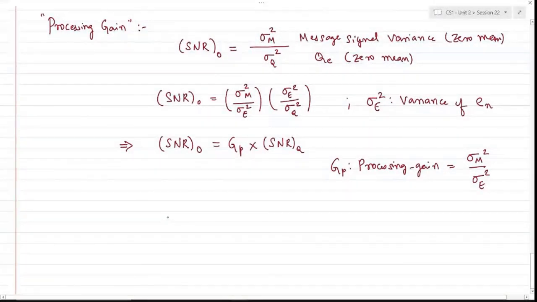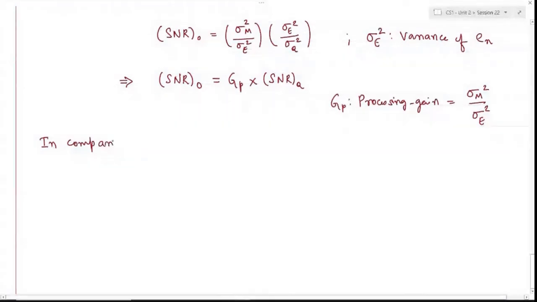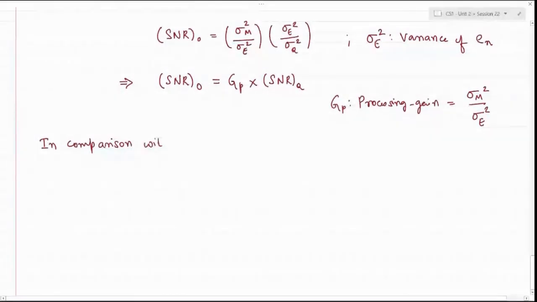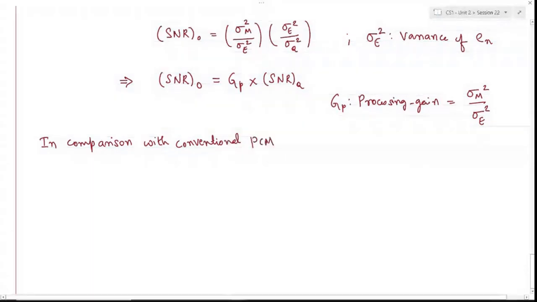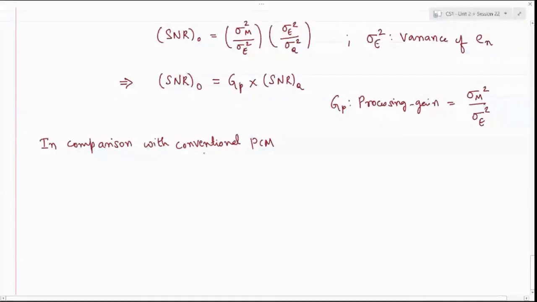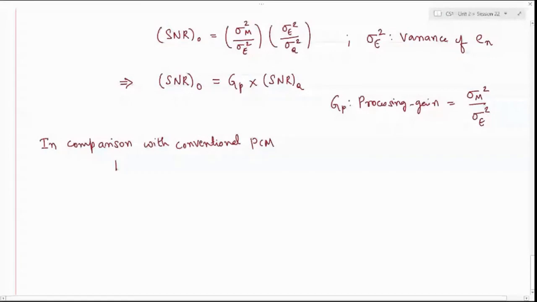Okay, so now in the case of voice signals, it is found that the optimal signal to quantization noise ratio, SNRQ, when you compare it with conventional PCM, you'll have the signal to noise ratio output as depicted in this equation.